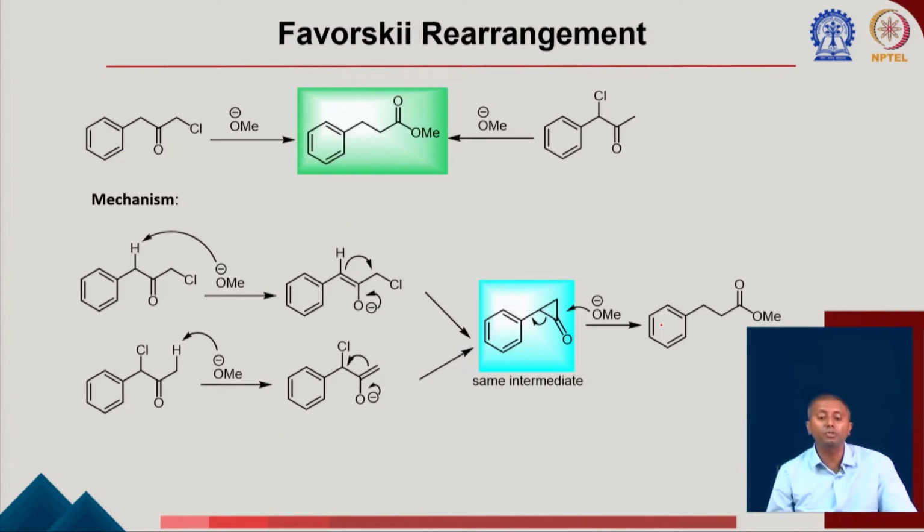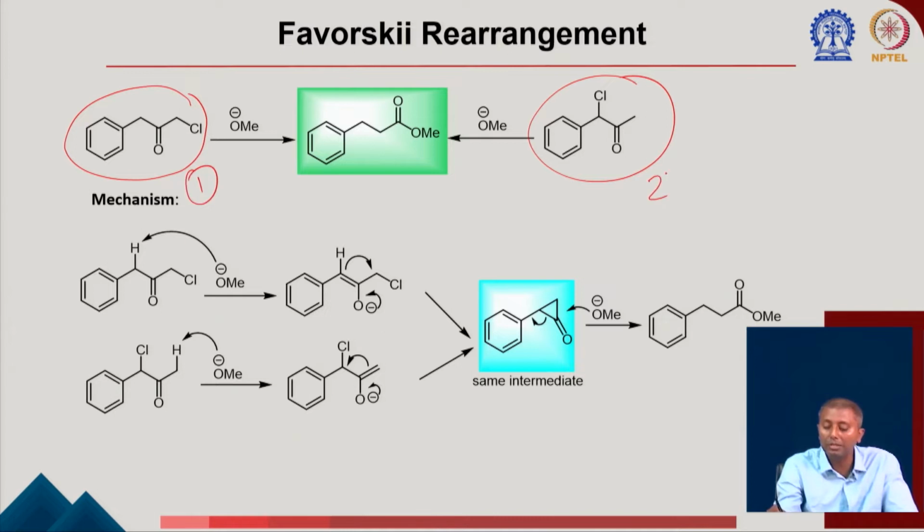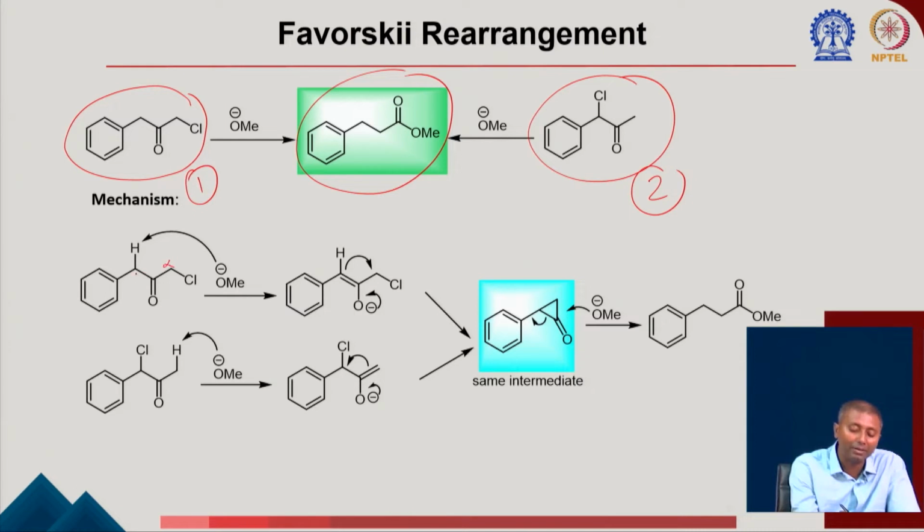Now the question comes, if you start with two different starting materials, where you have an alpha-chloro compound, or you have the chlorine next to the phenyl ring. Starting from compound 1 or compound 2, you still end up getting the same product after the Favorskii rearrangement. So what is happening? If you think about the mechanism, here also there is an alpha and alpha dash position.